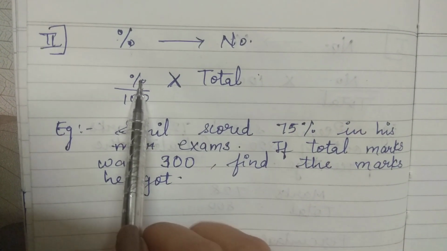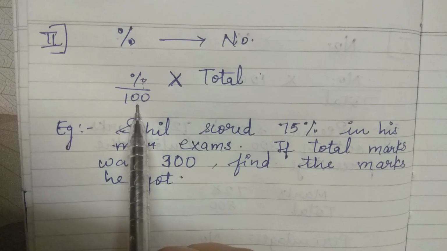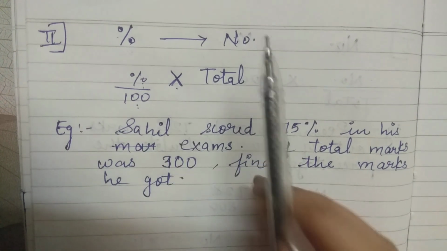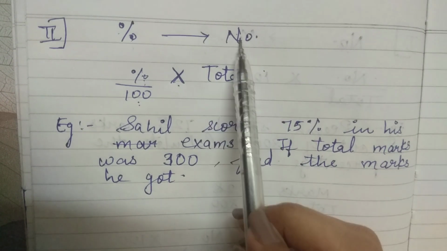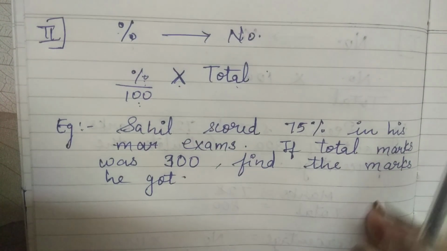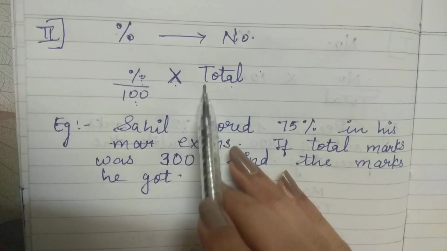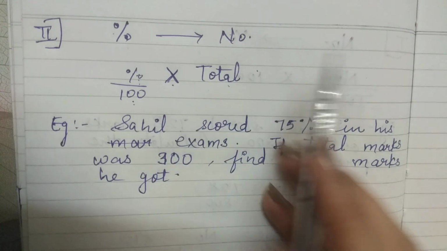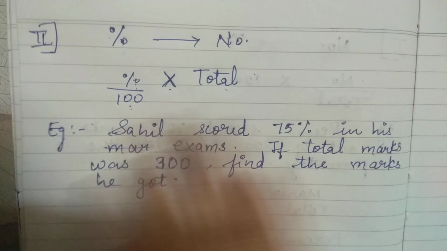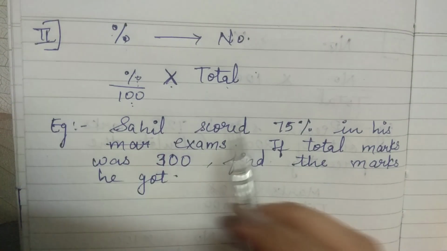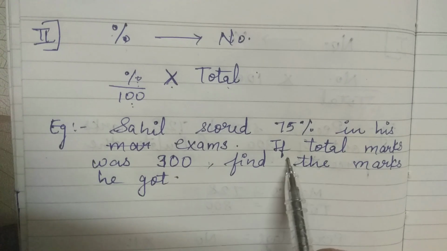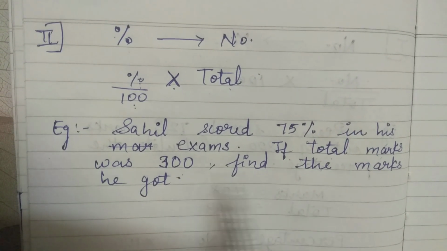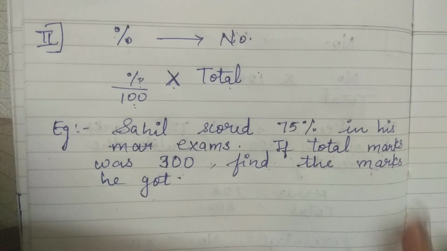Now what is the total of percent? It is 100 multiplied to the total of the number which we want. So obviously it will be given in the sum. Okay, so same logic we have used in the first case. Now let us see the example. Sahil scored 75% in his exam. If total marks was 300, find the marks he got.